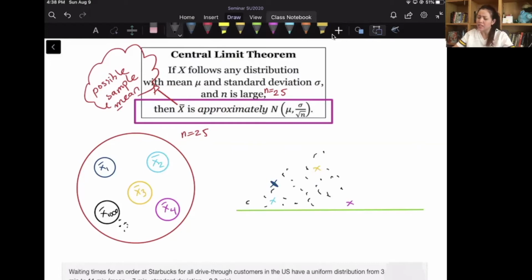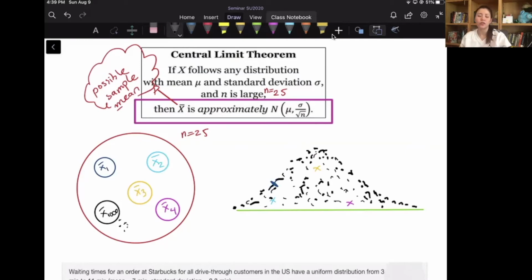And as you can see, over time, as I keep plotting the sample averages of size 25, I'm going to see something that looks very close to the normal curve. And that's what the central limit theorem says.